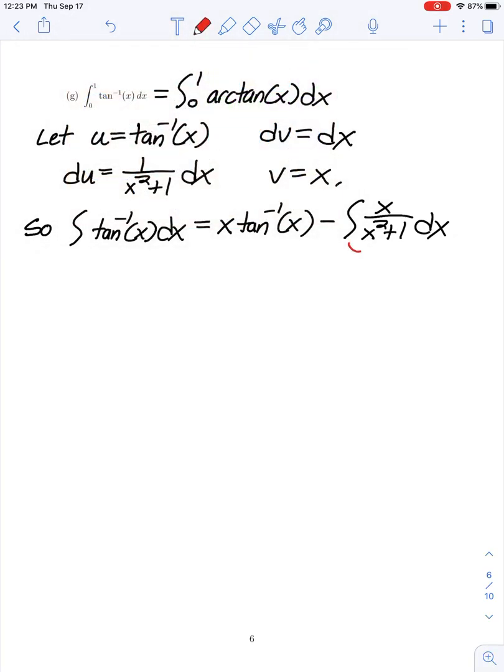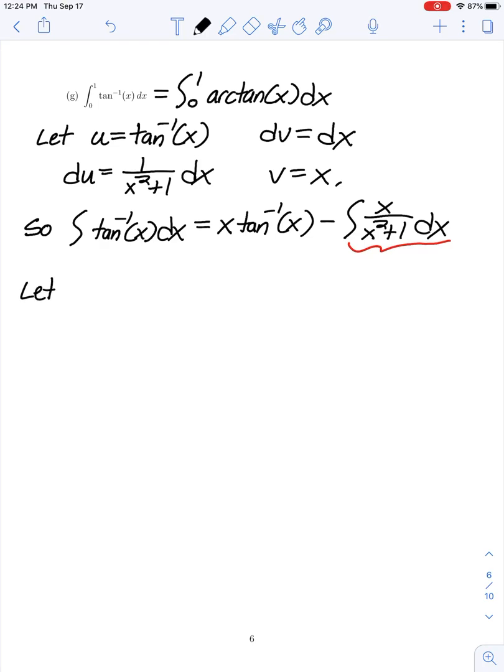This new integral that I'm left with can be evaluated using a substitution. I see that my integrand involves a quotient of two polynomials, which can't be simplified. And I mentioned in our section 1.5 material that when we're integrating a quotient of polynomials, we might try a substitution first.